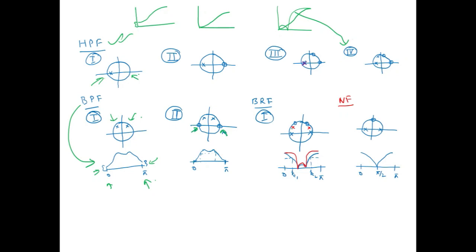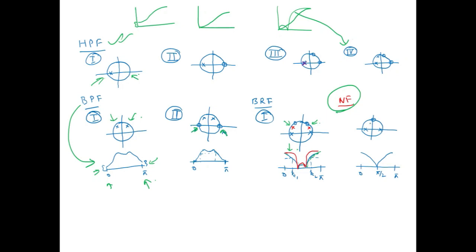If you do not consider the red poles, only consider the blue poles and zeros, we will get some amplitude value, something like this. Now if we add two more poles, the response becomes steeper.